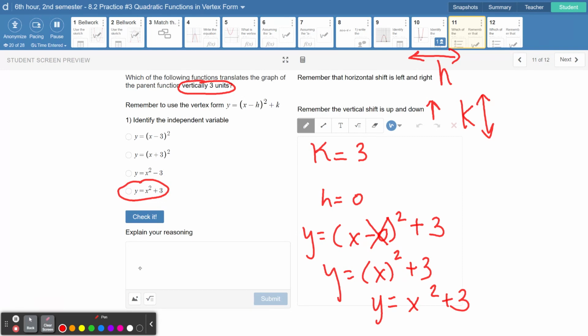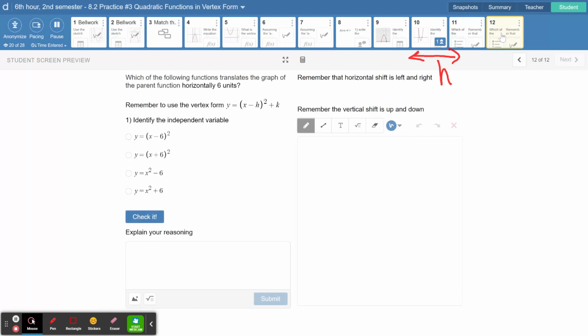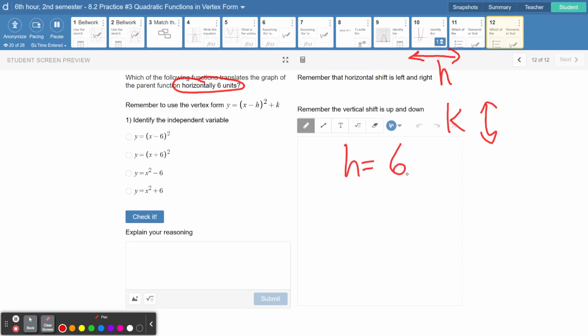Now, the next slide, slide 12, is dealing with the h value. And our k is up and down. The reason why I know is because it says horizontally 6. Since it's a positive 6, h is positive 6. And since there's no mention of vertical, we can assume that k is 0.